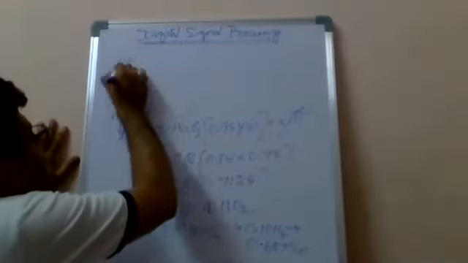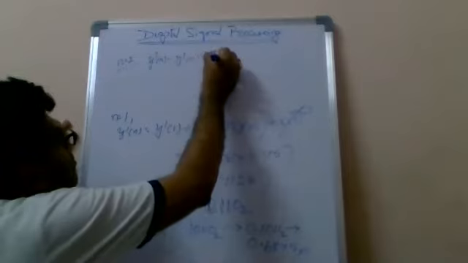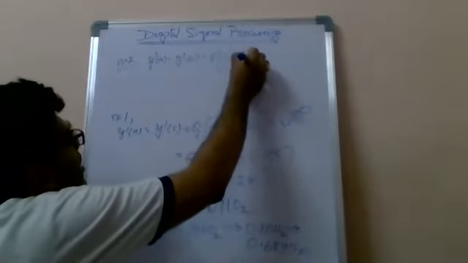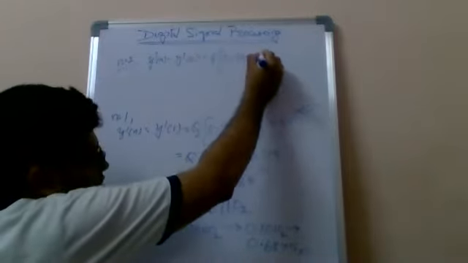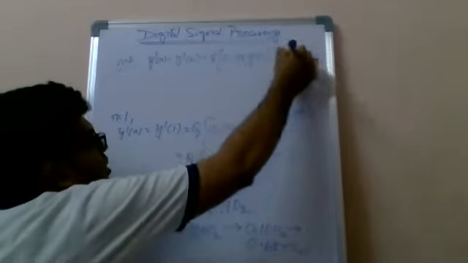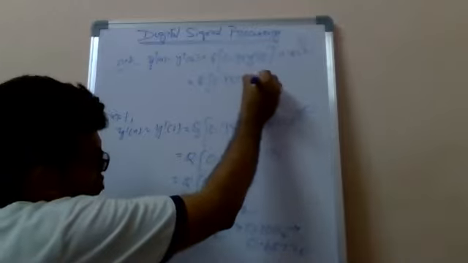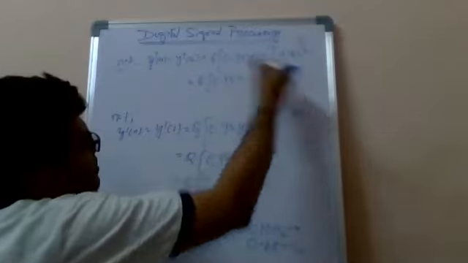Now the next value, n equal to 2. When n equal to 2, y dash of n is equal to y dash of 2 is equal to q of 0.95 y dash of 1 plus x of 2. Again x of 2 is 0. So this is equal to q of 0.95 into 0.6875. Right?